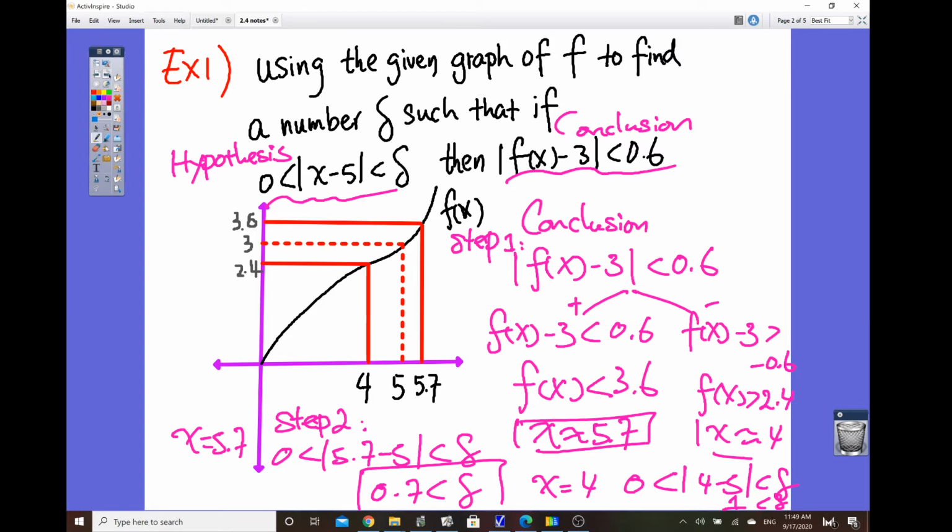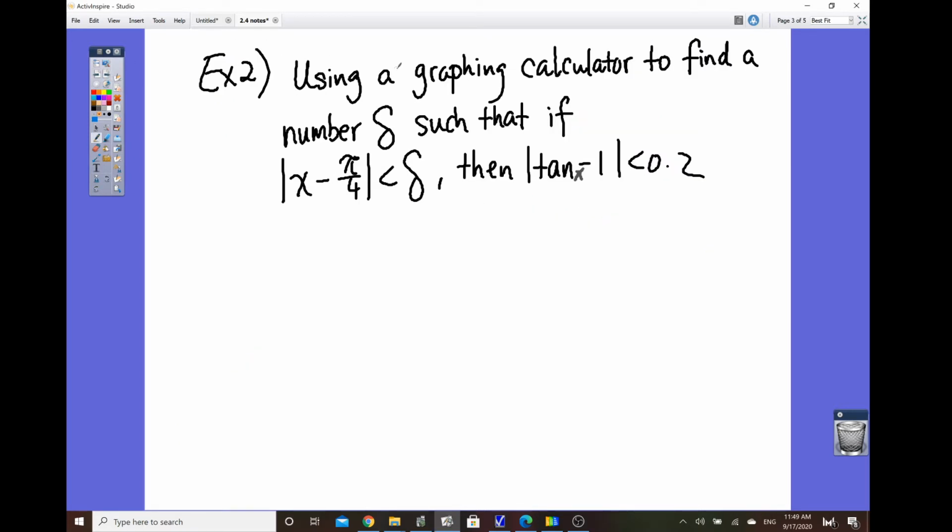Now let's see what else we have. Using a graphing calculator, find a number delta such that if the absolute value of x minus pi over 4 is less than delta, then the absolute value of tangent of x minus 1 is less than 0.2.